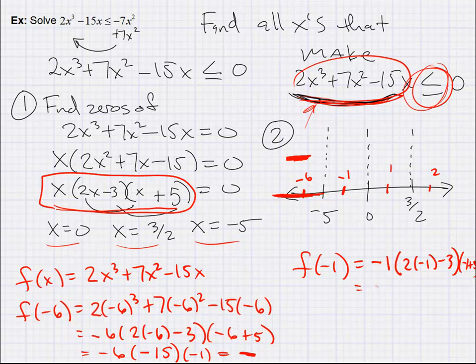So I get negative 1, this is going to give me a negative 5, and this is going to give me a positive 4. Negative, negative, positive, I get a positive value. Okay? Keep going. Let's make some room.